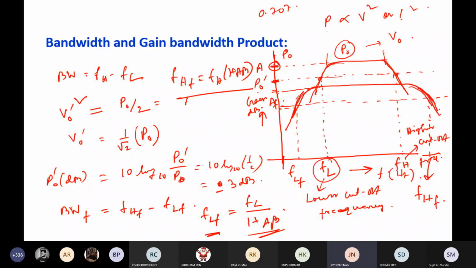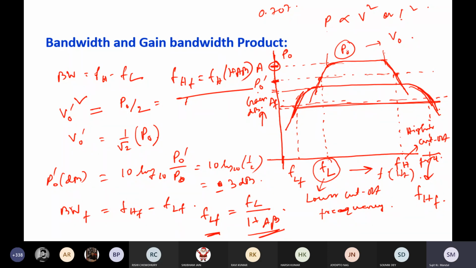Sir, the cutoff frequency or the working frequency of that amplifier, the lower and higher. Yes, between these cutoff frequencies, this is considered the working frequency range. That is the bandwidth.